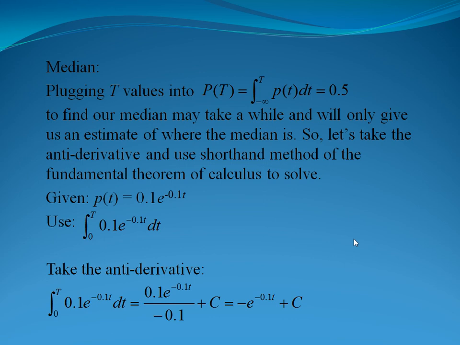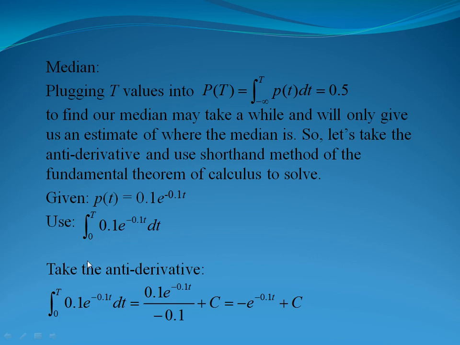What about the median? Well, again, the median is the integral from negative infinity to t of our PDF. We want to set that equal to 0.5. To find our median, it may take a while, so we'll give an estimate of where the median is. So let's take the antiderivative and use the shorthand method of the fundamental theorem to solve. Since we're defined from 0 to 60, instead of negative infinity, we start at 0.